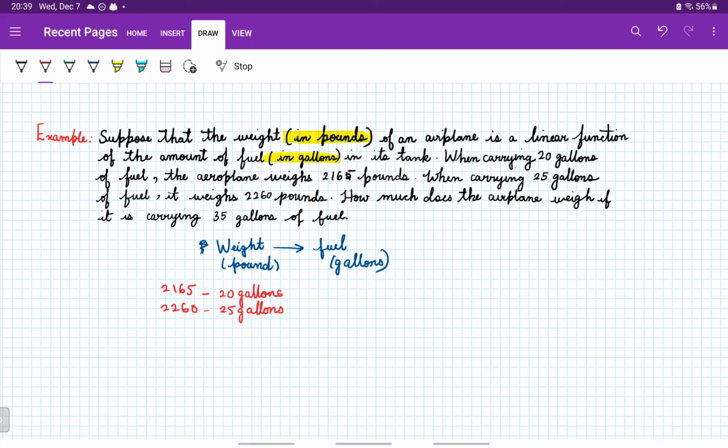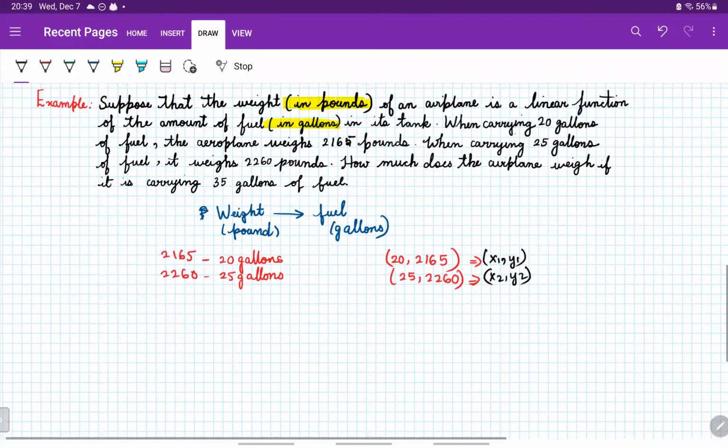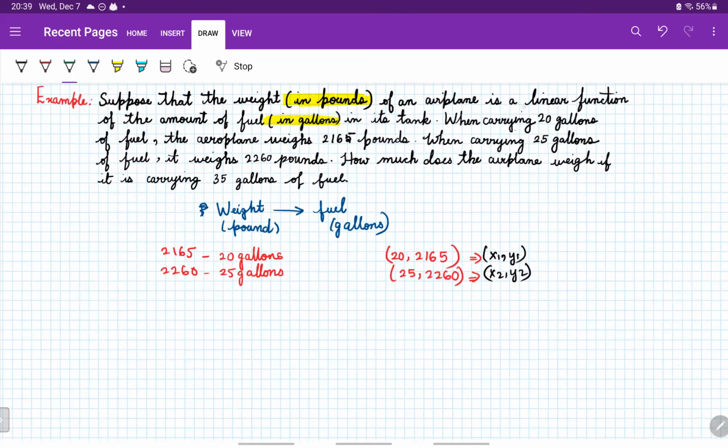So it's very similar to the previous problem, where we can make this into an ordered pair. We can write 20, 2165 as our x1, y1, and 25, 2260 as our x2, y2. So let me write that down. Again, we are trying to find the linear equation because we are already told that they're related by a linear function.